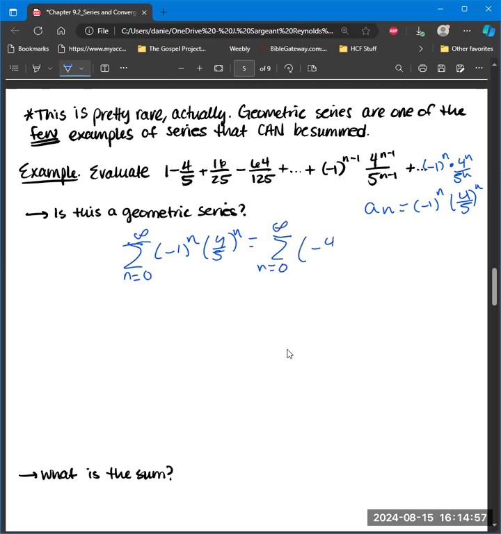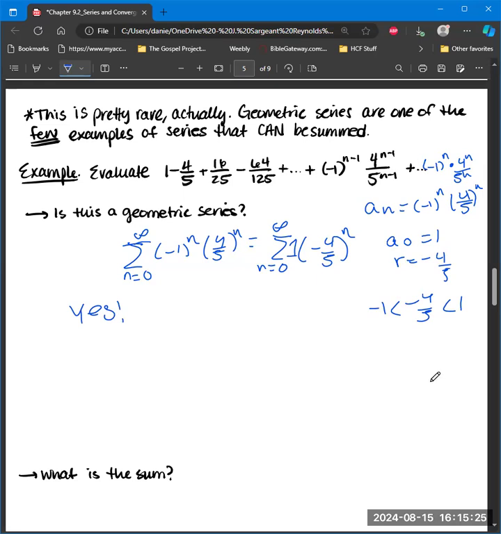This is -4/5 to the n. There's a 1 there. My a sub 0 is 1. My r is -4/5, and -4/5 is between -1 and 1. So the series is going to converge. So yes, it's geometric.